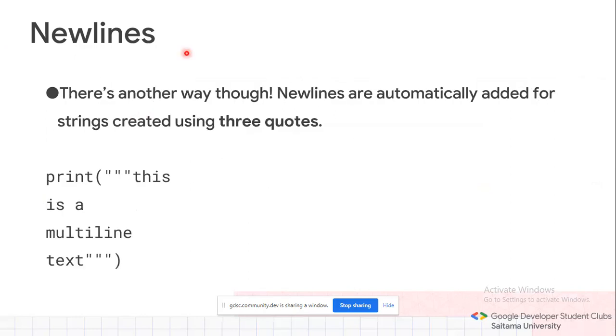So there is another way. New lines are automatically added in a string by using triple quotes. Like here, 1, 2, 3.